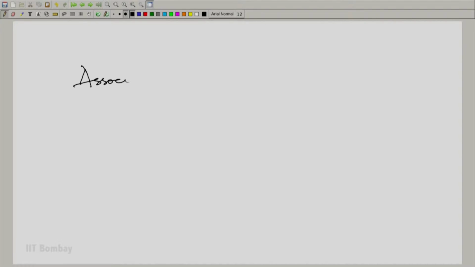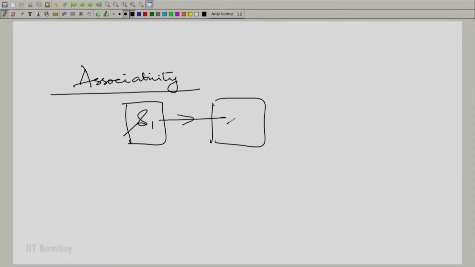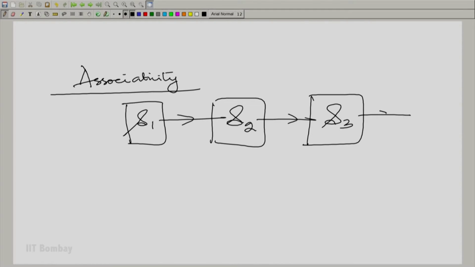So first I need to complete my answer to Sushrut's question about commutativity and associativity. Let me talk about associativity now. Let us first understand the meaning of associativity. Associativity, as the name suggests, means what association we make. Out of three systems, there may need to be at least three systems. So I have three systems, one after the other.